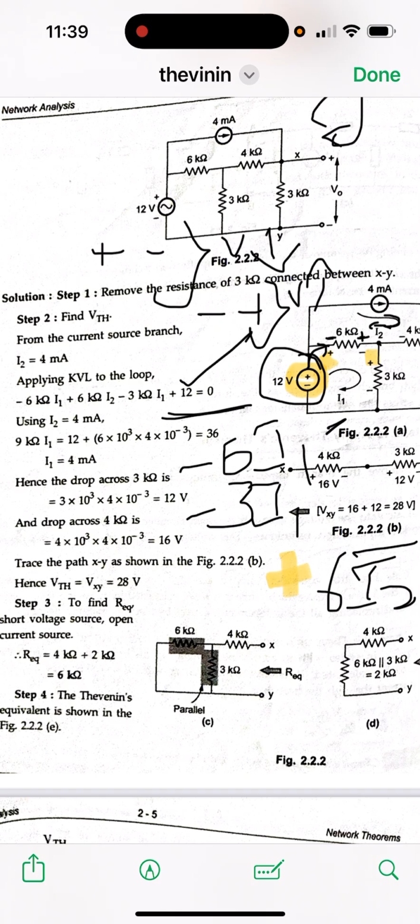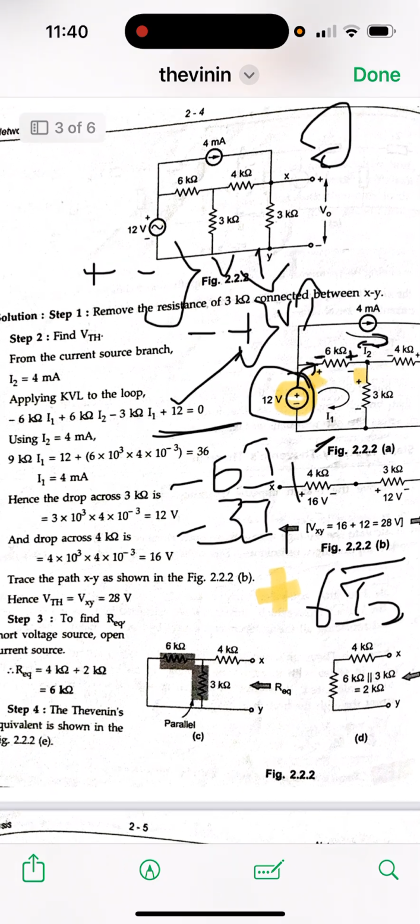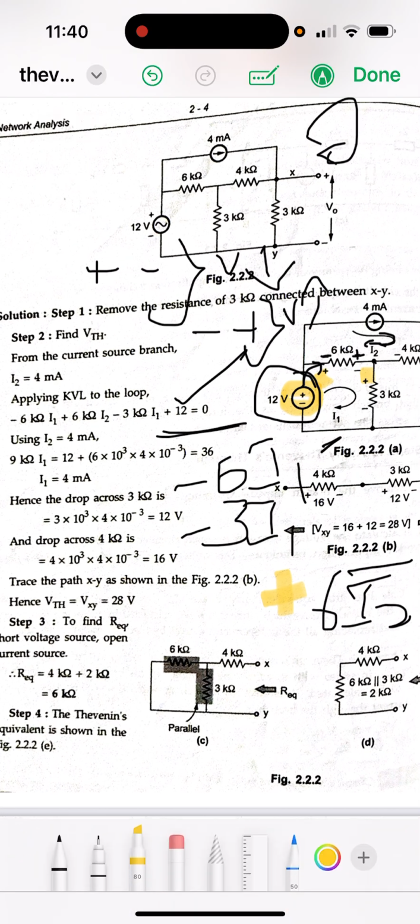Similarly we have to solve. What is I2 given? I2 is 4 milliamps. Those all things we have to solve and we should get I1. Then we have to get the drop across the 3 kilo ohm. Drop means potential difference, just V is equal to IR.